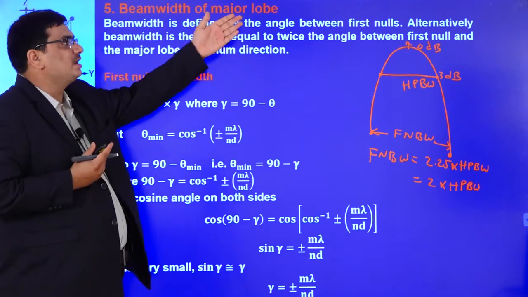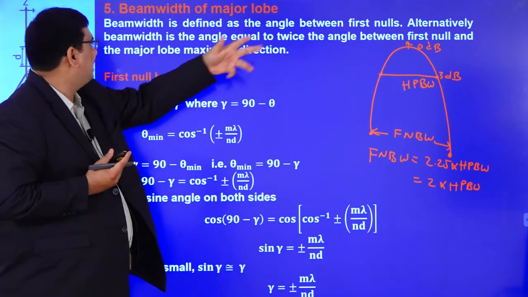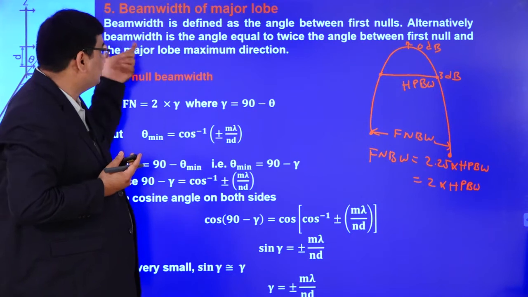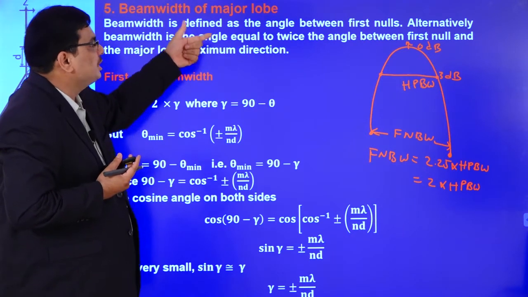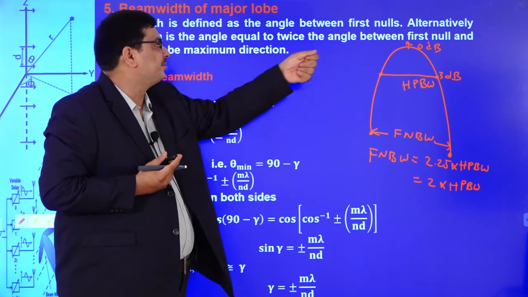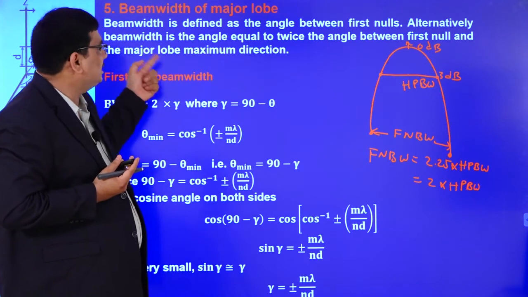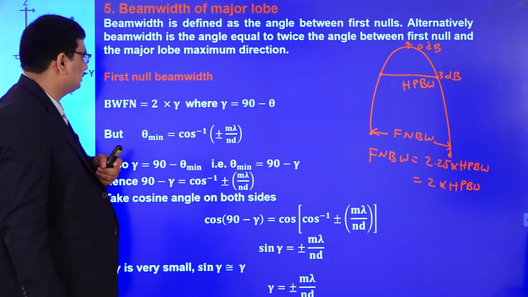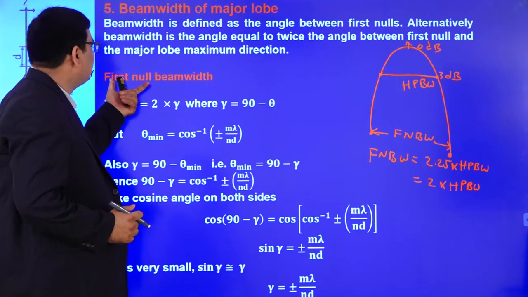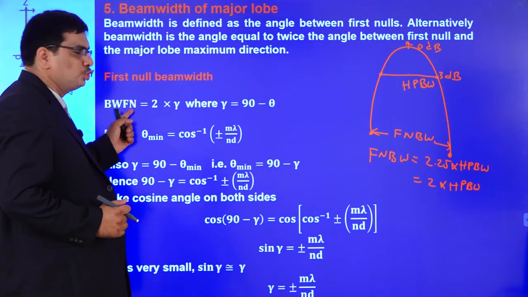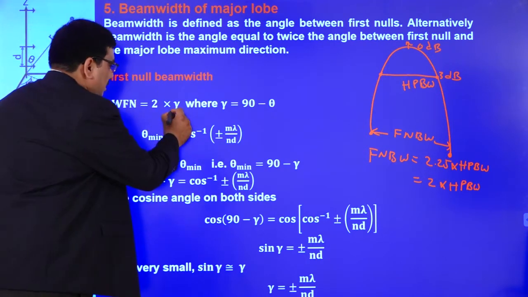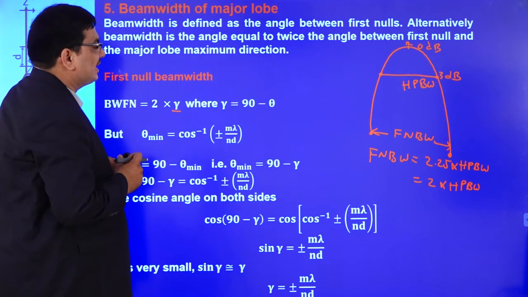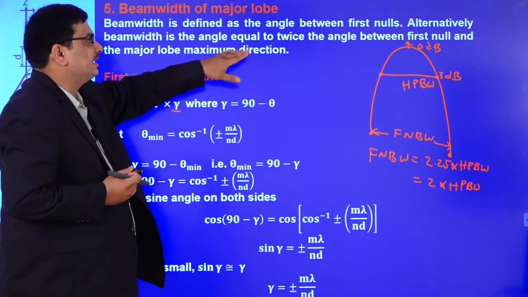So it is the angle between the first two nulls, and alternatively they also define it as twice the angle between the first null and the major lobe maximum direction. So we are saying that the first null beam width equals 2ζ, where ζ equals 90 minus θ.